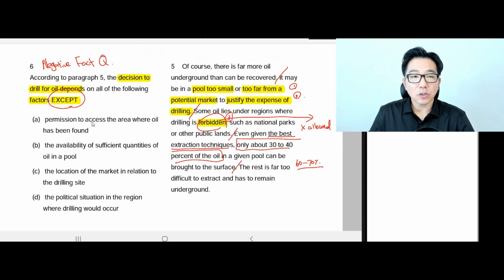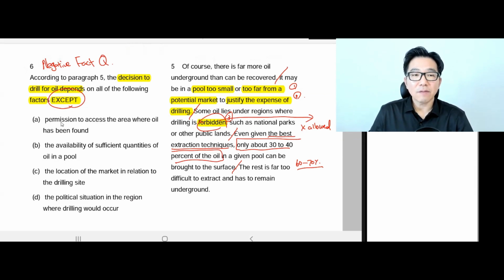Okay, let's look at the answer choices. A, permission to access the area where oil has been found. Yeah, so you need to have permission. It's a factor to consider whether you drill or not. One of them is that it has to be allowed. It cannot be forbidden.